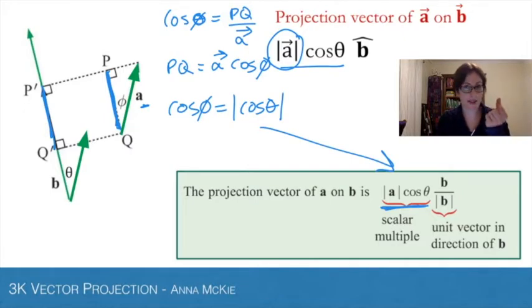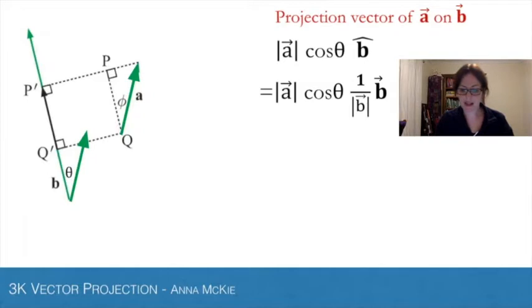That'll be the scalar component, how long it is, multiplied by the unit vector of B. So we're interested in the unit vector in the direction of B, and how many of those unit vectors do we want? We want it to be the length of PQ, and the PQ is this here, the magnitude of A multiplied by cos of that angle.